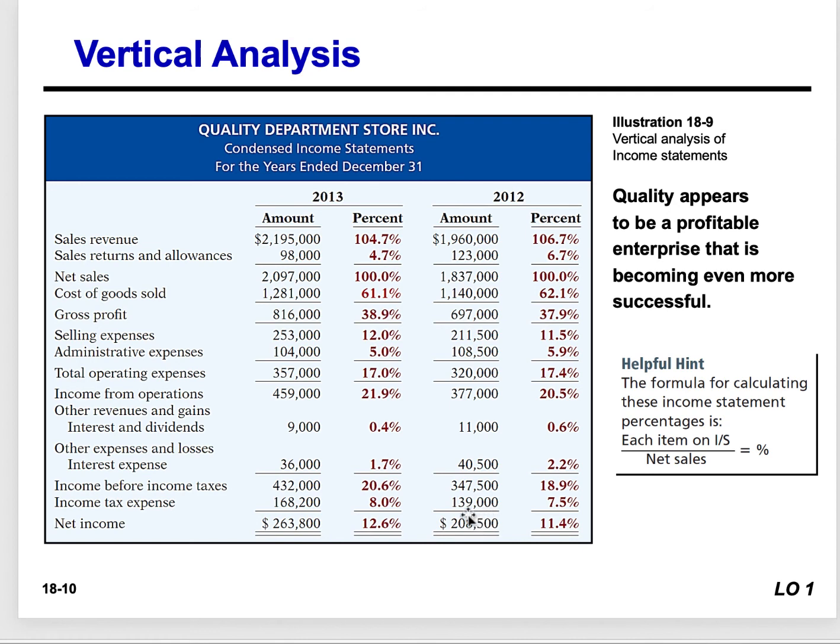So we're taking the net income that we earned in 2012, $208,500, and we're dividing that by 2012's net sales of $1,837,000. We get 11.4%. So we could see that as a percentage of sales from one year to the next, net income was a larger portion of our net sales.